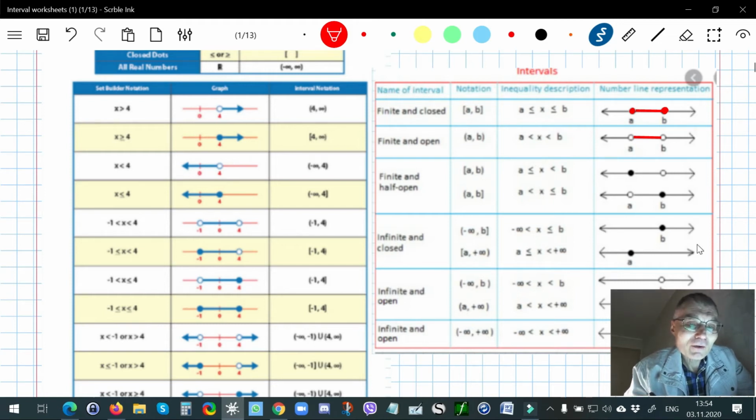When the circle is not filled, like here, so it looks like an empty dot, it means that we don't include the boundaries. It's finite and open interval. So we only consider the interior of this segment.